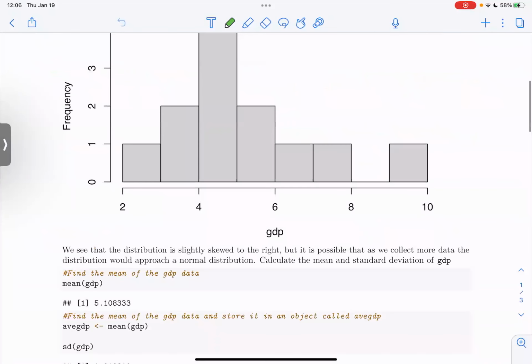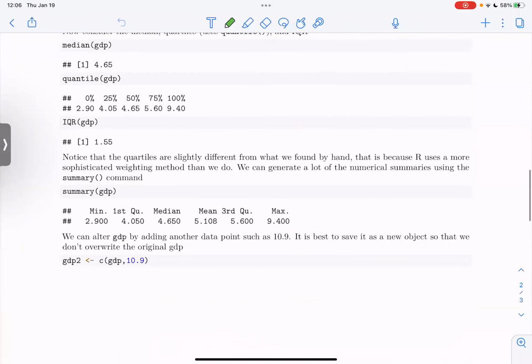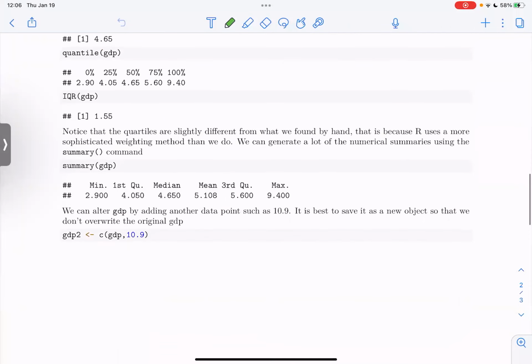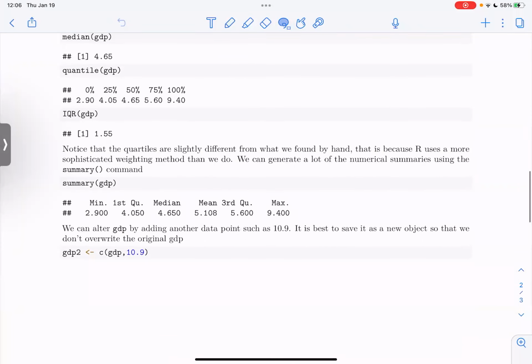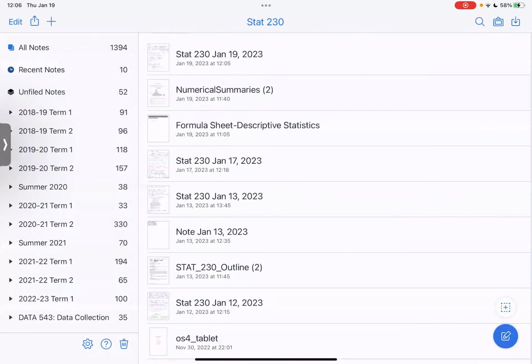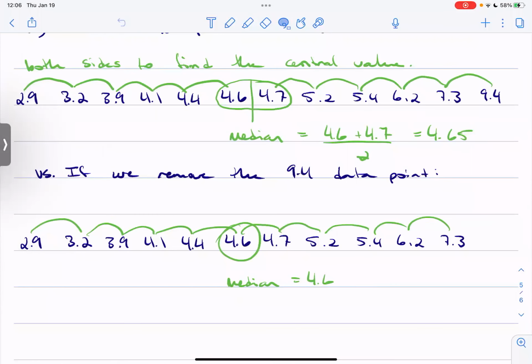I'll introduce it because I have it in terms of the quartiles, which we're not quite there yet, but I will bring it in and just show you how it's slightly different.